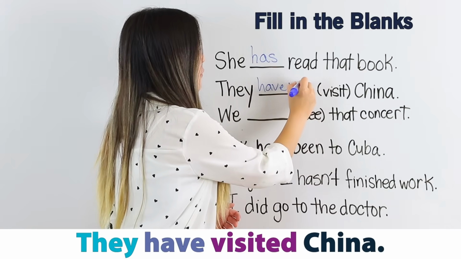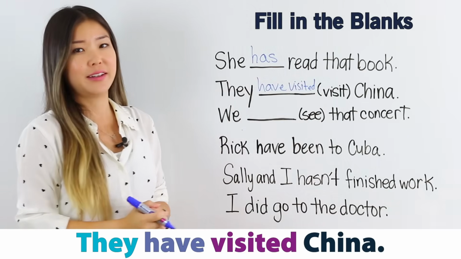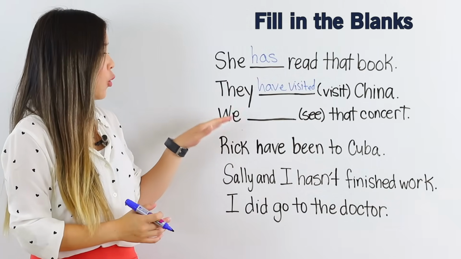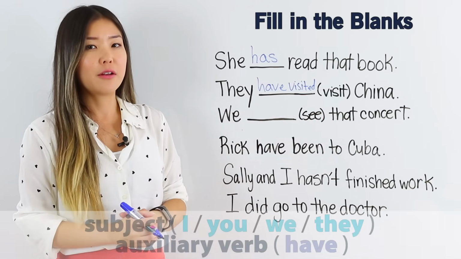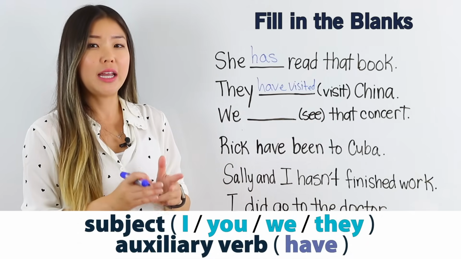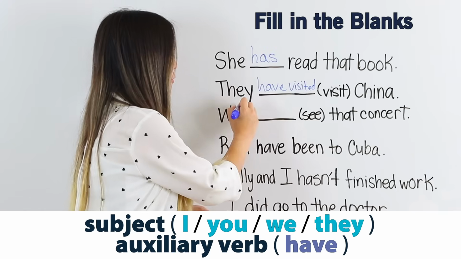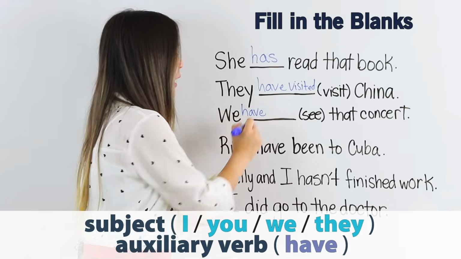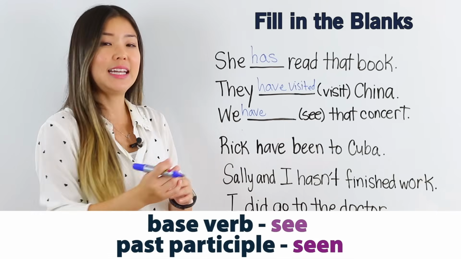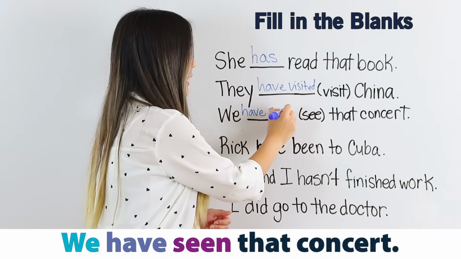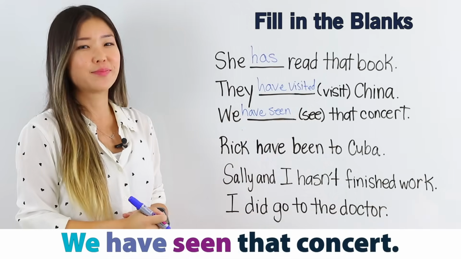They have visited China. Next, we blank see that concert. Again, for I, you, we, and they, we use have. We have. Now, the past participle of see is seen. We have seen that concert.